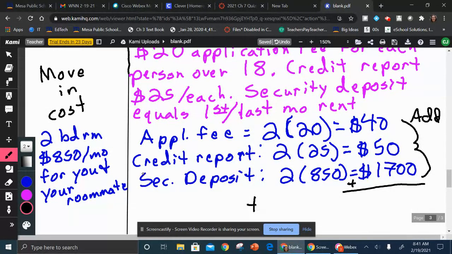The total cost to move in is $1,790. And the utility department may request that you do a security deposit as well, so you might have to do one for utilities too. Okay, everybody, you got this.